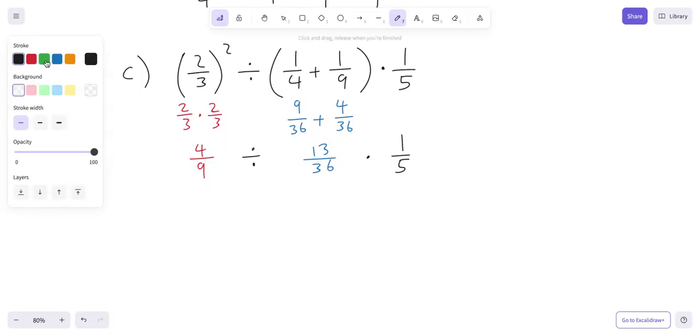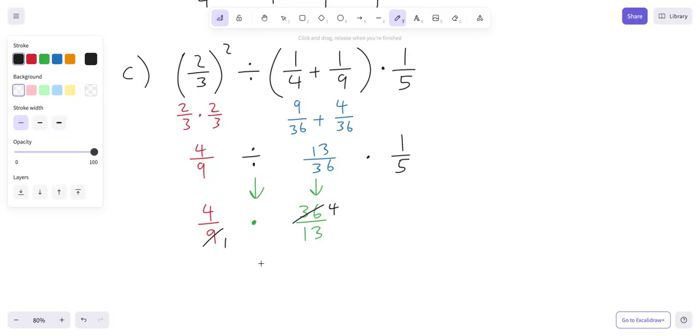Here I'm going to change this to multiply, multiplying by the reciprocal. I'm going to do the reciprocal for the second fraction. Keep the first fraction the same. I'm going to look for things to simplify. So 9 and 36 can both be divided by 9 to get 1 and 4.